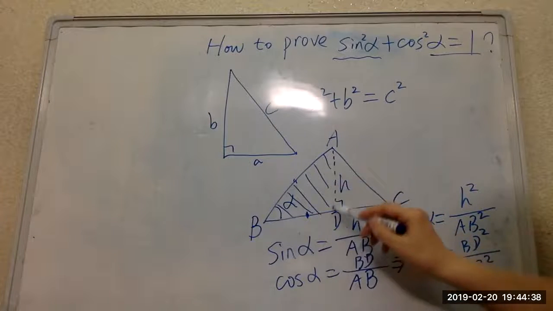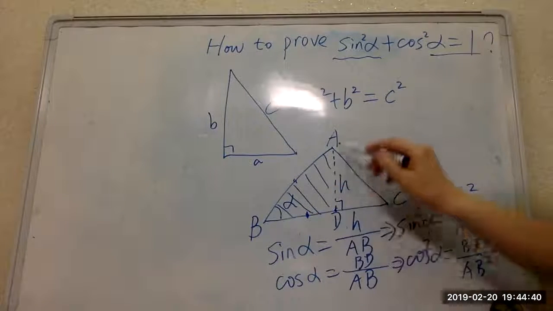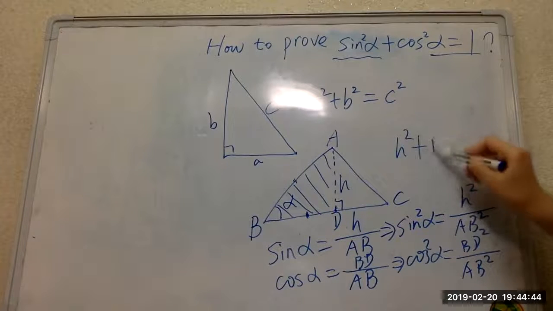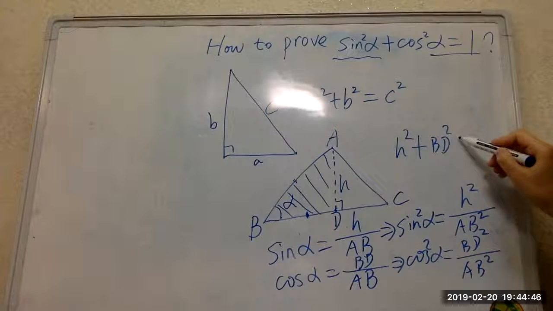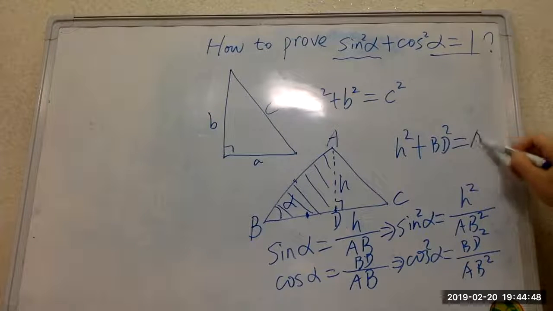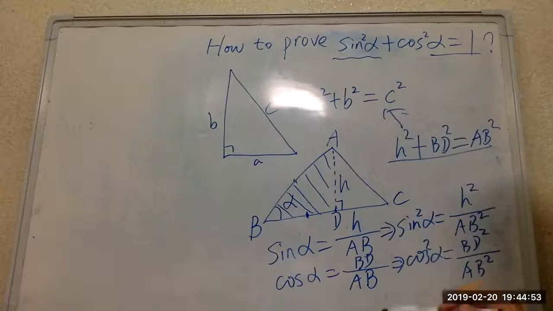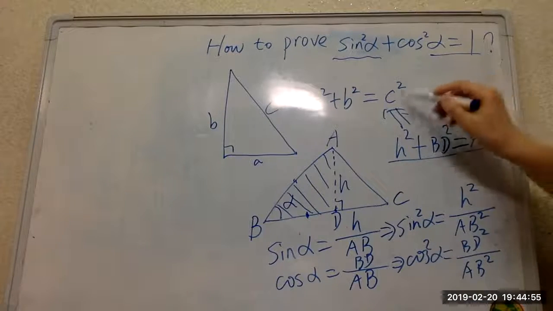As we know, in this smaller triangle, H squared plus BD squared equals AB squared. This is the Pythagoras theorem, right?